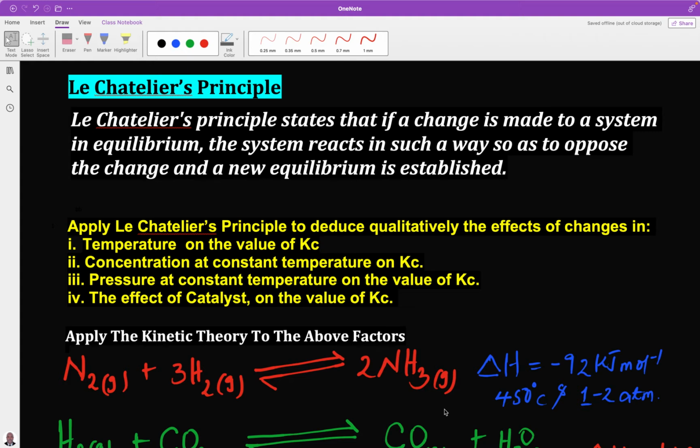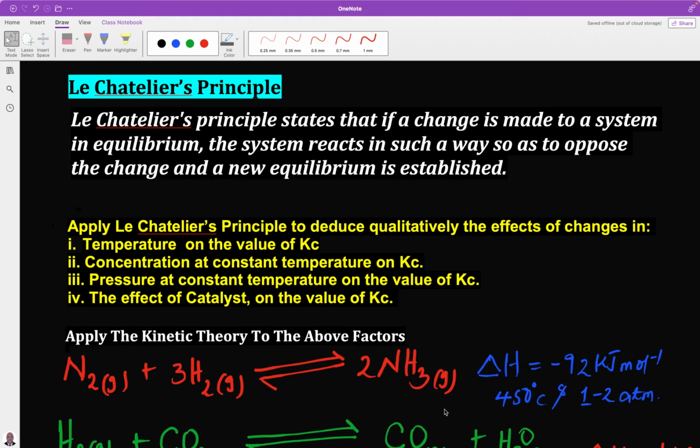So precisely we are saying that if a system in equilibrium is subject to a change, the system must react in such a way to oppose the change, thereby establishing a new equilibrium. By solving many other examples, you'll be able to understand what this means.